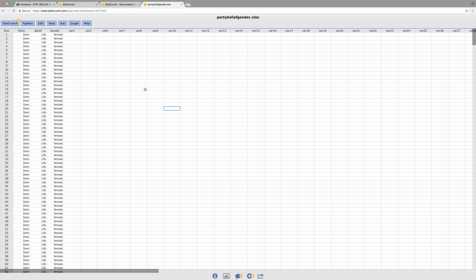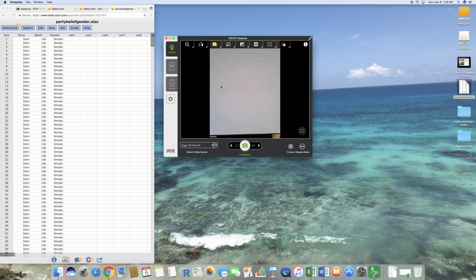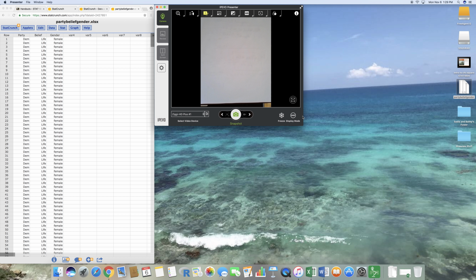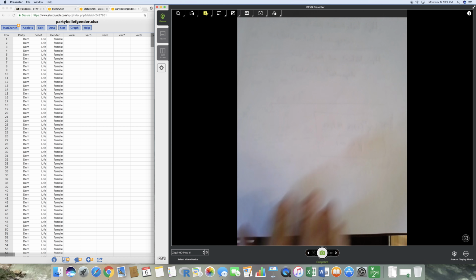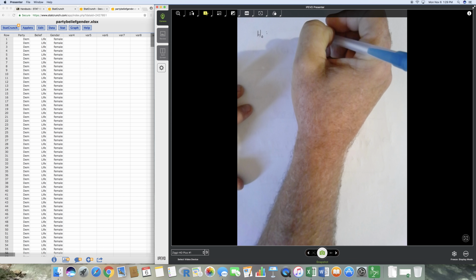So guys, I'm going to do some other types of problems. Let's just look at one right now. Let's look to see if there's a difference in gender across belief. So I think it's going to work better if I do this. So guys, what I want to do now is investigate a relationship between belief and gender.